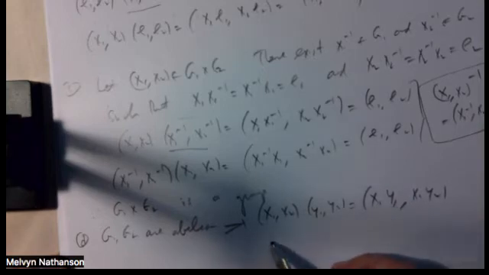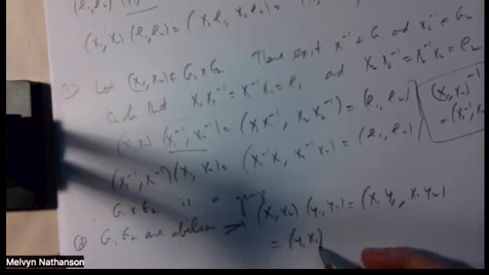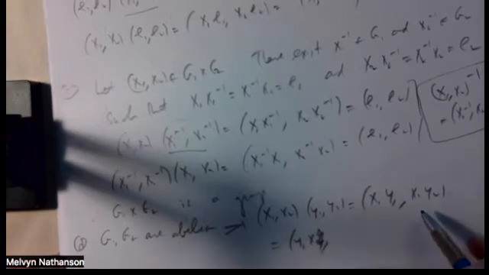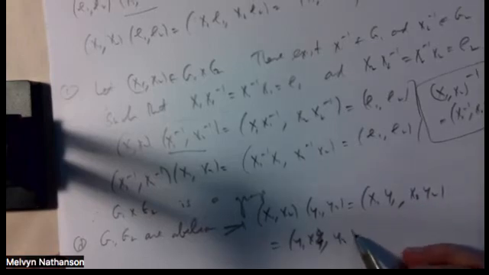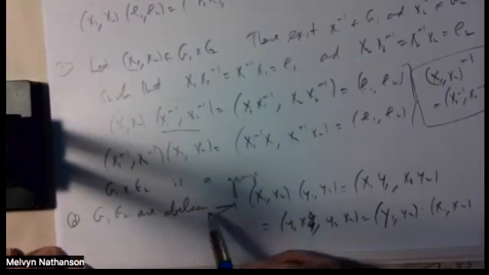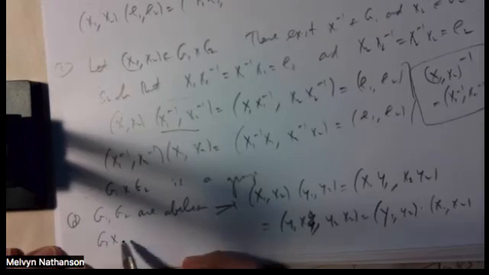But G1 is abelian, so x1 y1 is y1 x1. And G2 is abelian, so x2 y2 is y2 x2. And this is exactly the product of (y1, y2) with (x1, x2). So if G1 and G2 are abelian, then G1 × G2 is abelian.